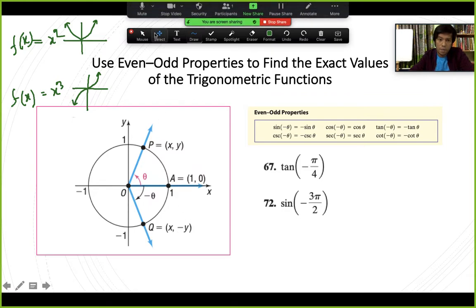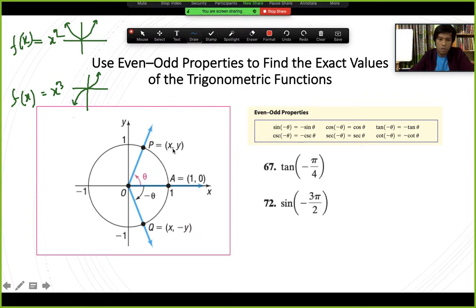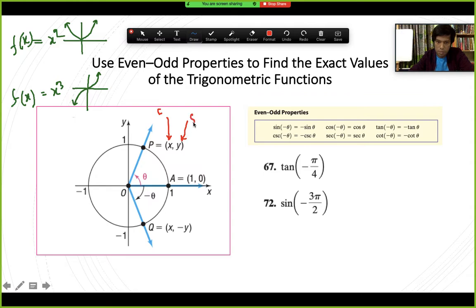What is the value of sine and cosine here? From the unit circle, the first value is always cos and the second value is sine.